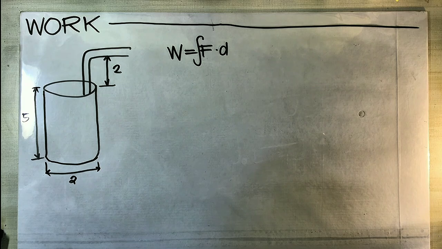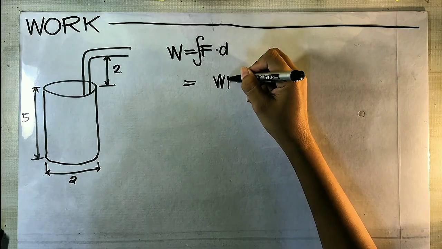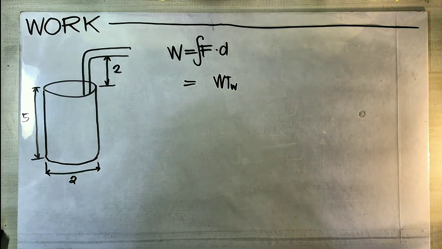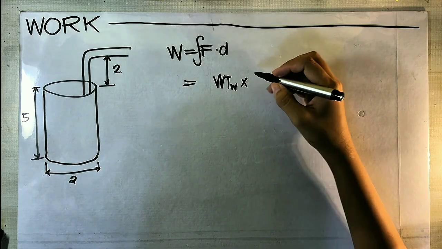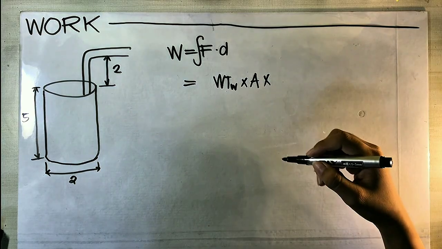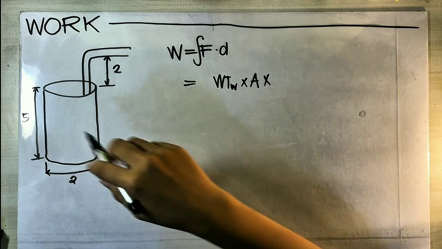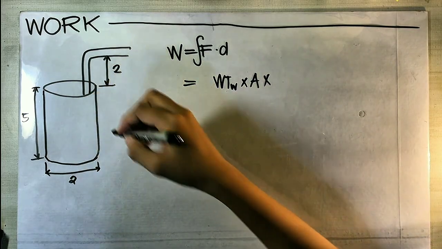Here, our force is the unit weight of the water times the area of the tank and the thickness of the strip.